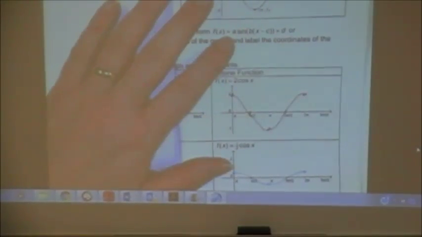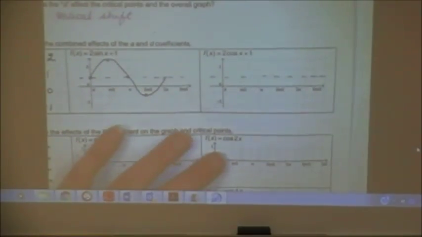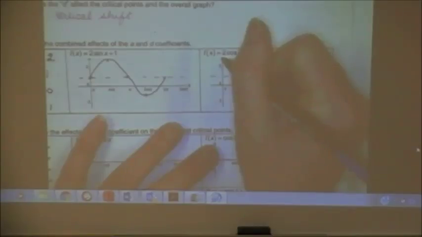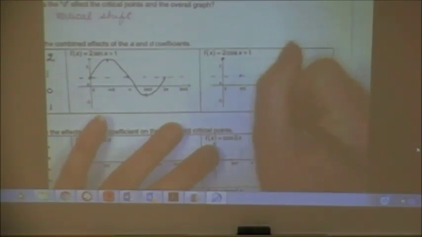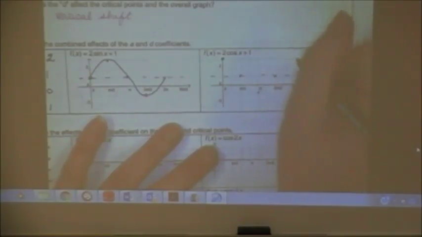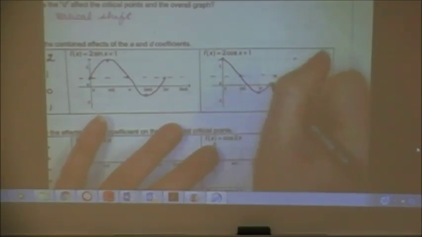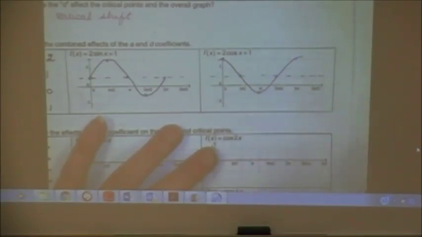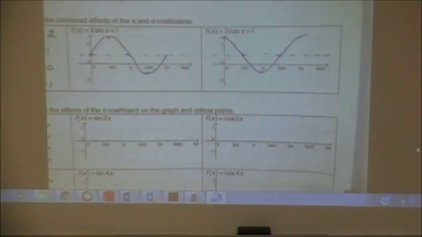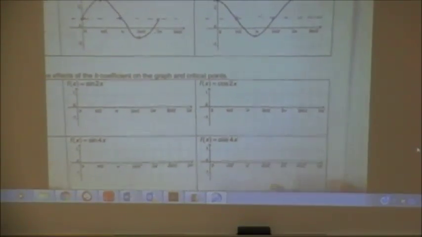I have to multiply that 1 by 2 and then add 1, which means I should be starting at 3. Everybody good?